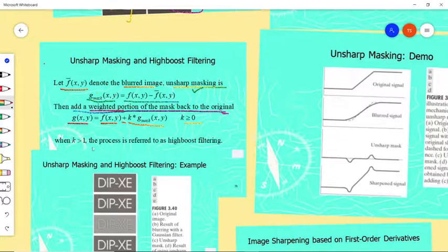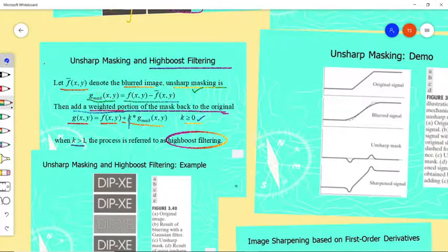When k is greater than 1, the process is referred to as high boost filtering. So this is the weight we are adding.